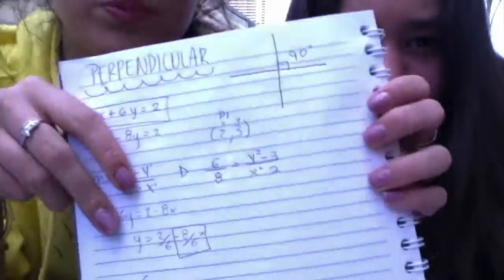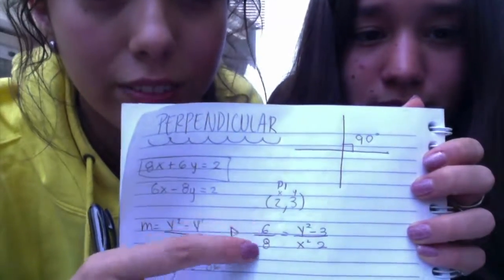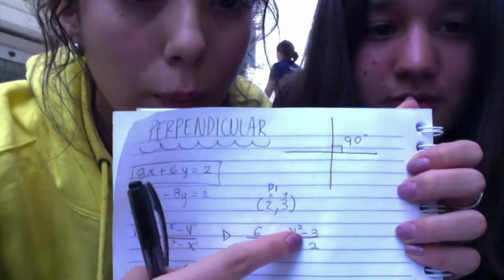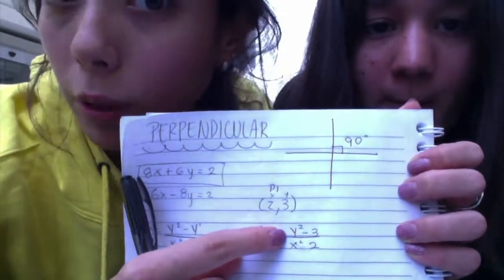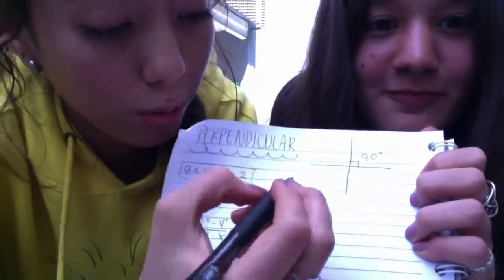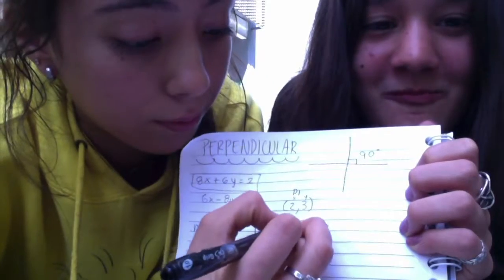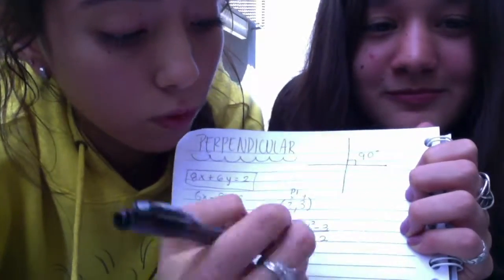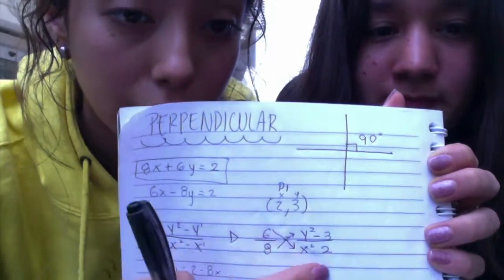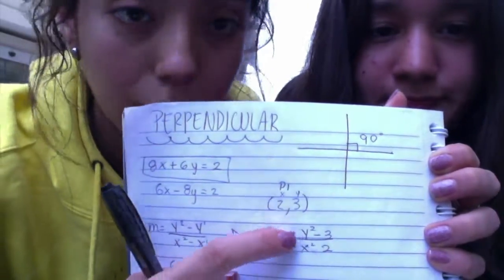There you go. As you can see here, this is the m that we got, and this is the point number 1. But we do not have the point number 2. But we don't need it, don't worry. And now, you must cross multiply. So, you multiply this number for this number, and this number for this number.